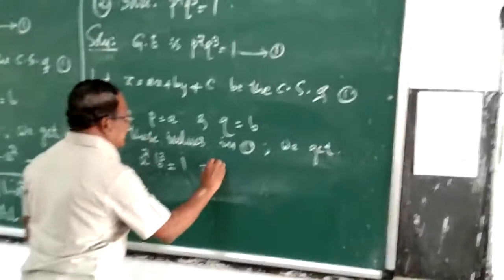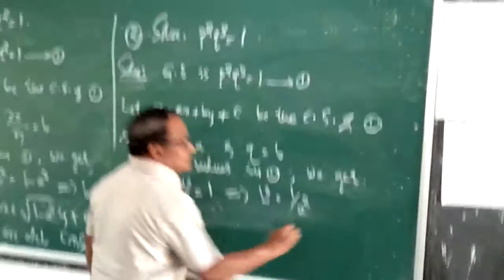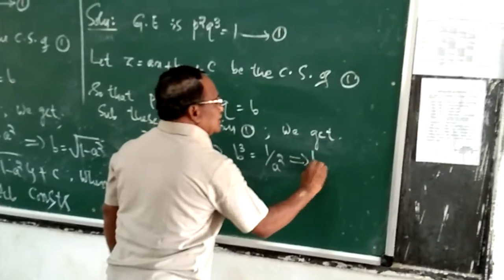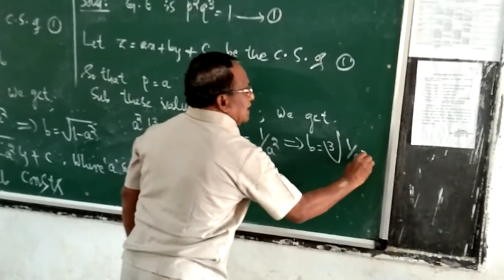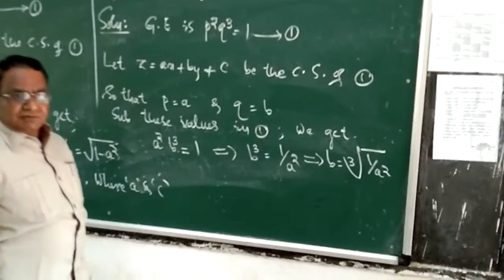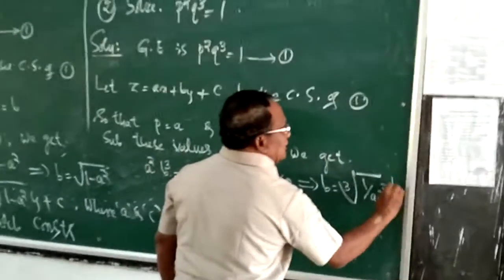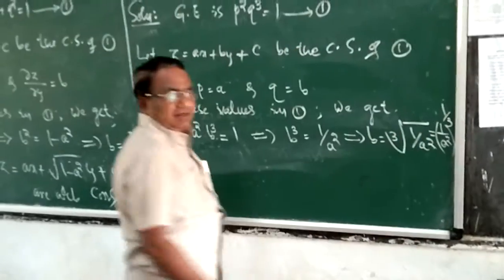This implies that b cubed is equal to 1 by a squared. This implies that b is equal to the cube root of 1 by a squared, or you can write it as (1 by a squared) whole to the power 1 by 3.